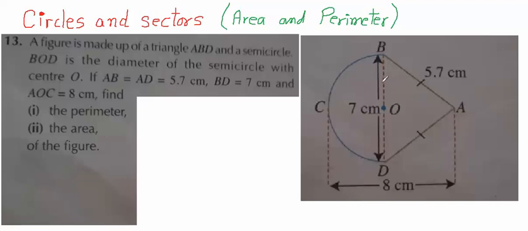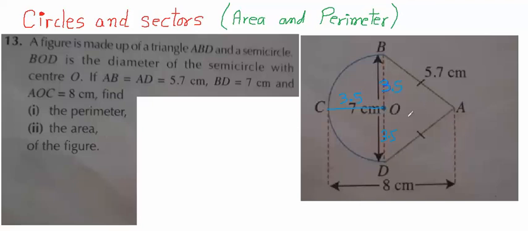This will be 3.5, and this will also be 3.5. And remember, in such questions, this is also 3.5. This is also the radius of the semicircle. So this is the important point in this.